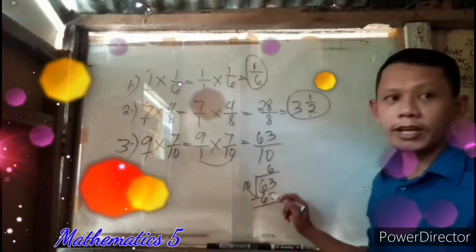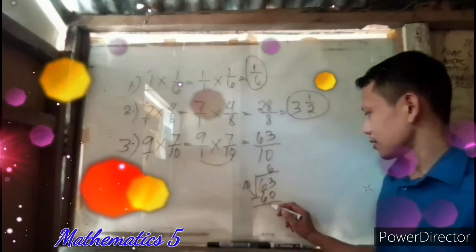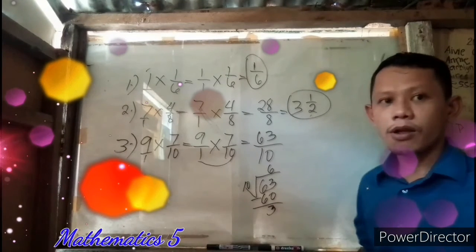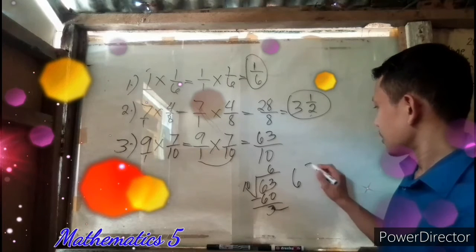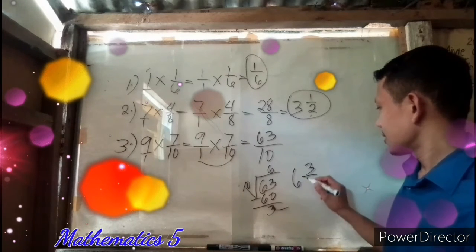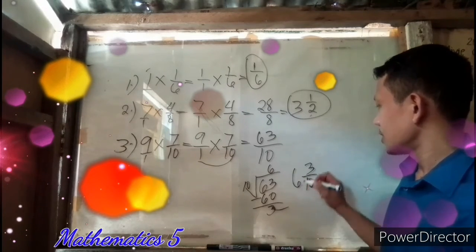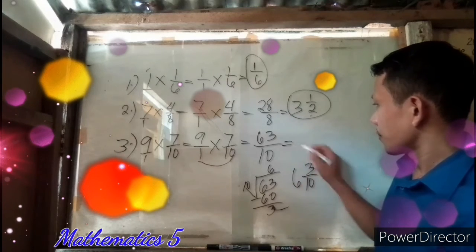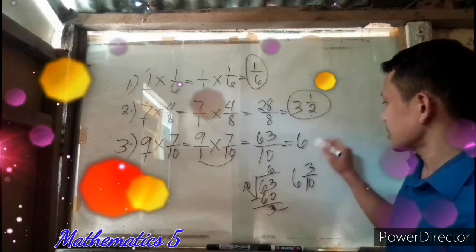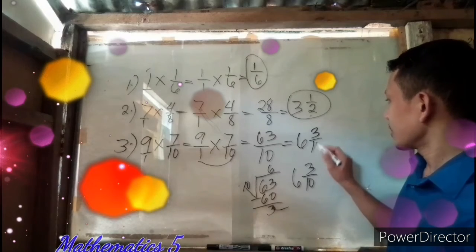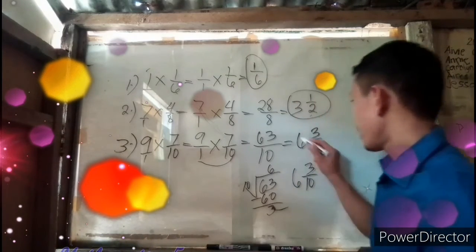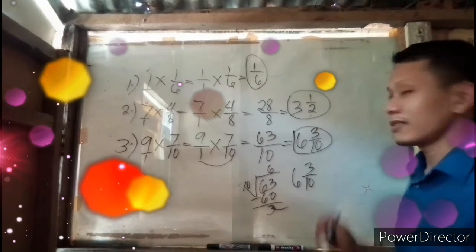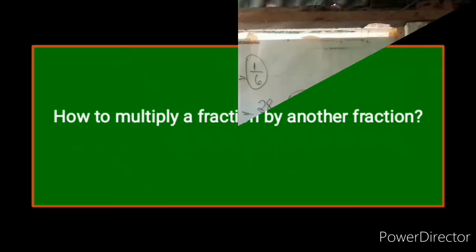Subtract: 63 minus 60 is equal to 3. So now we have 6 and 3/10. Is this our final answer? Yes, this is our final answer, 6 and 3/10.